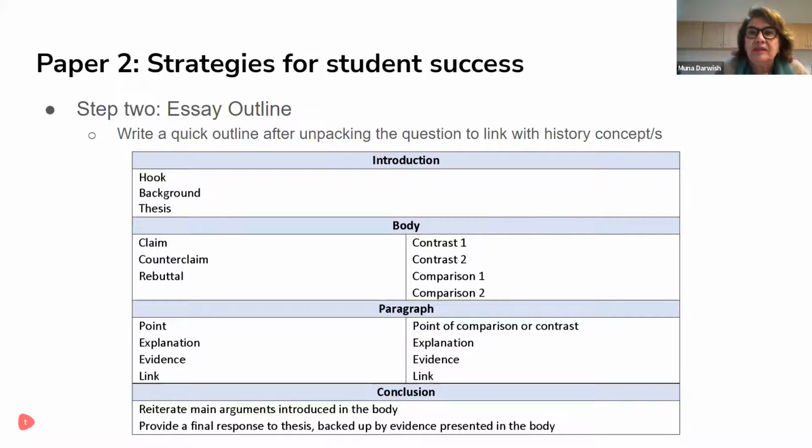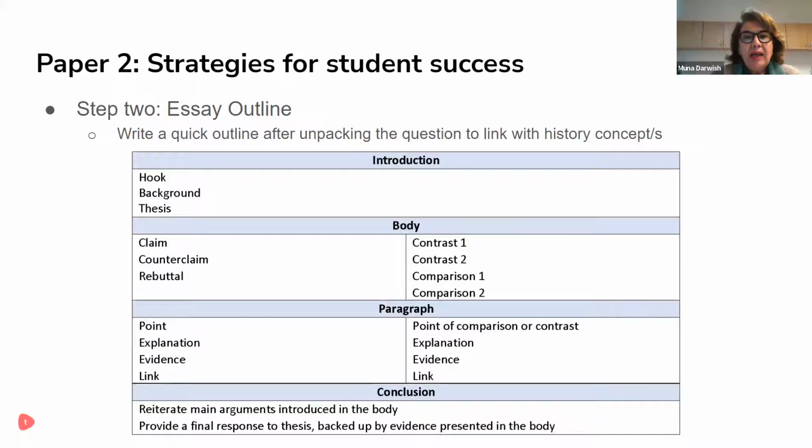That's a comparison. And then you explain, provide evidence, and link back to the question. In all cases, when students write essays, they really need to not forget what they are being asked about.